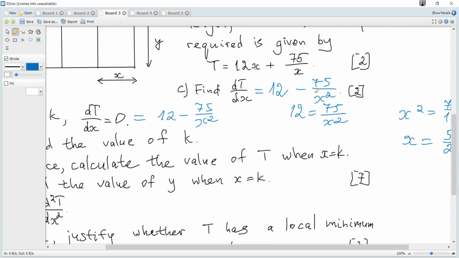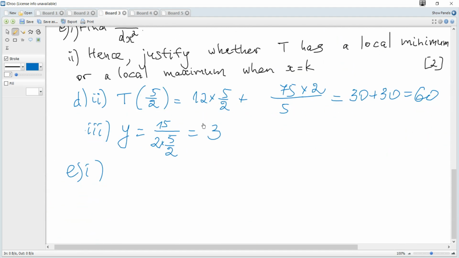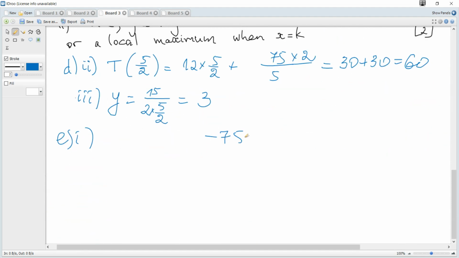Again, you should rewrite the x squared term as x to negative 2, and the derivative becomes negative 2 x to negative 3, and hence it becomes 150 divided by x cubed.